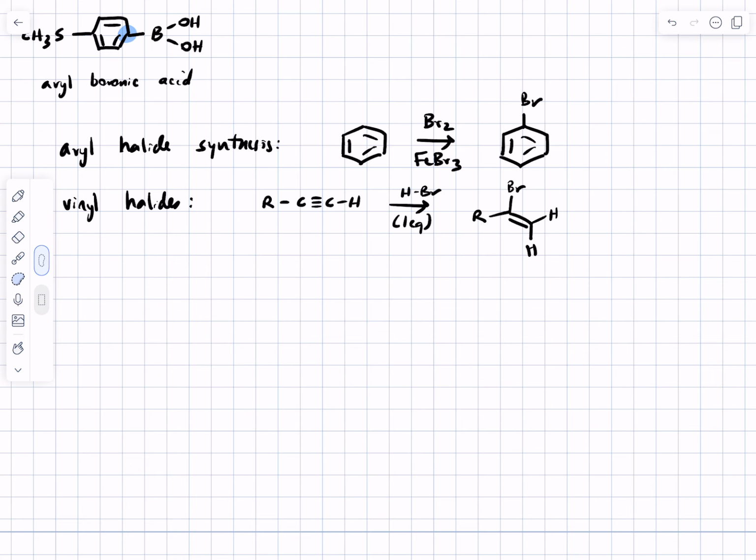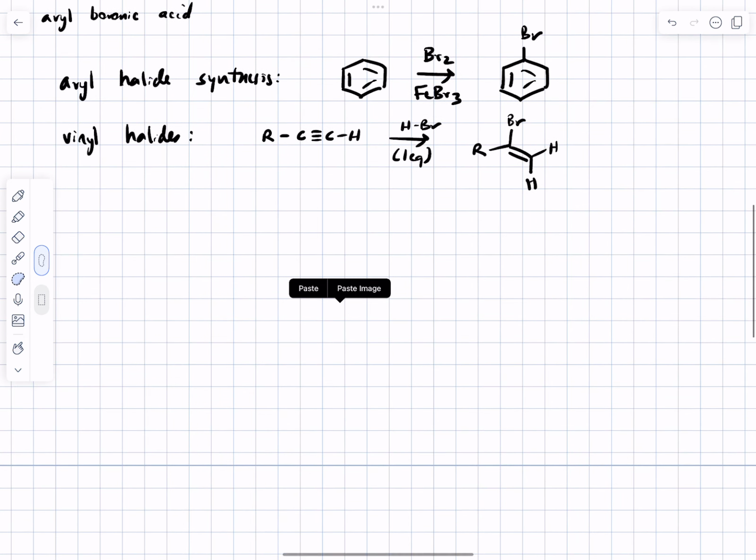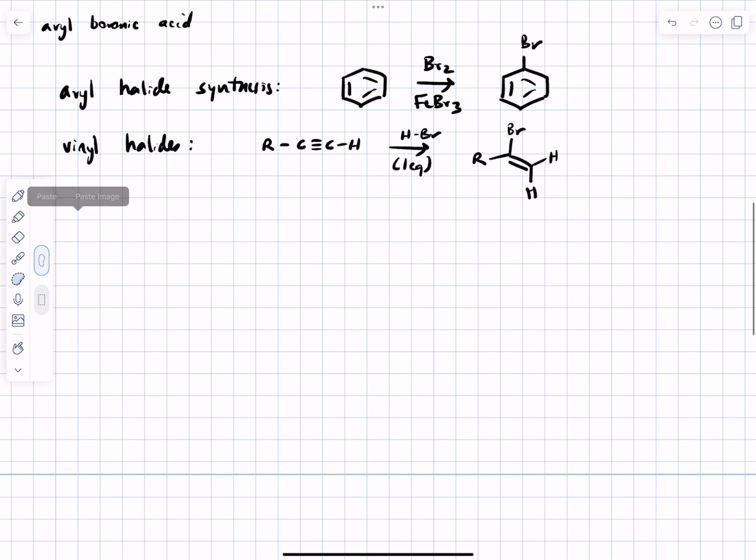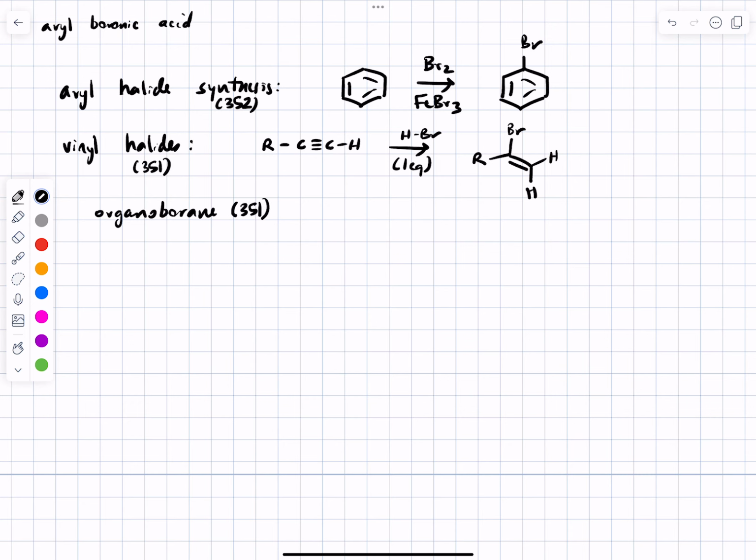All right. Let's instead now talk about the synthesis of organoboranes. This is also going to involve chemistry that you learned in 351. Your method for doing this, well, there's actually a couple of methods, one of which is new and one of which is from 351.